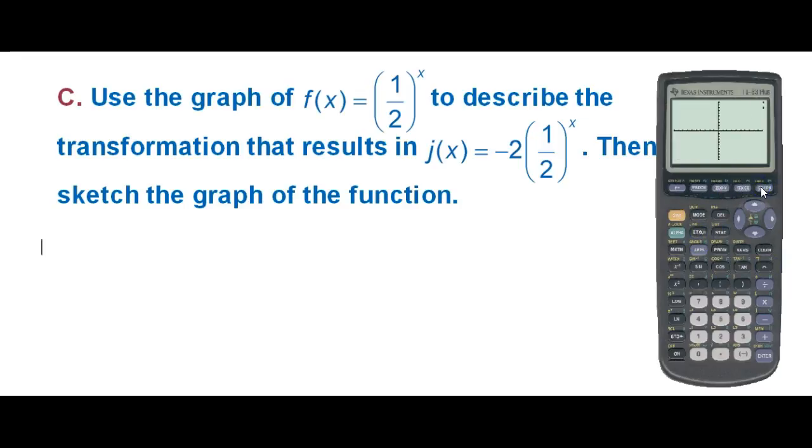And when we graph that, as you can see, it's a little hard to tell that it's expanded vertically, but you can definitely tell that it's increasing a little faster than the old function, and obviously it's also flipped over the x-axis.